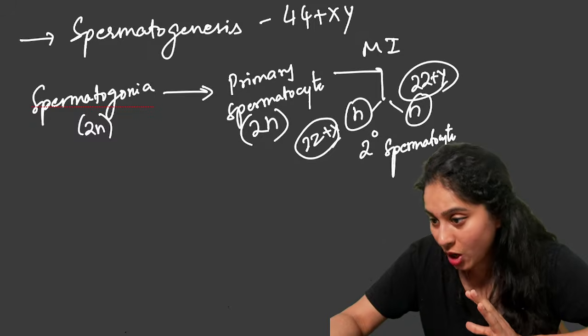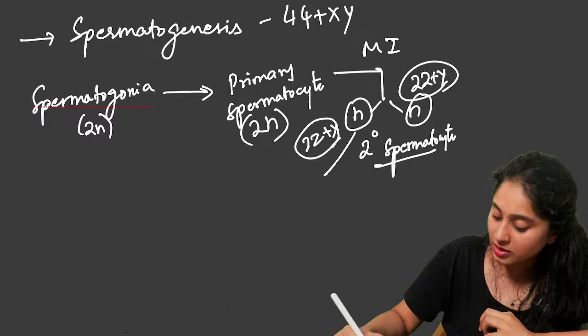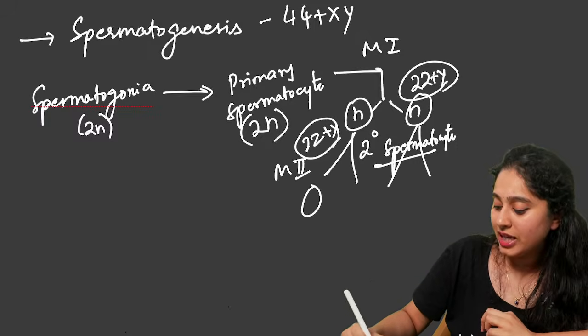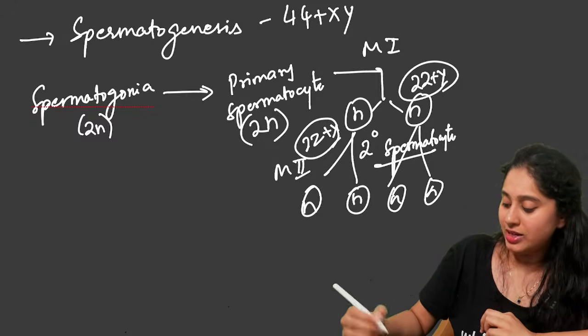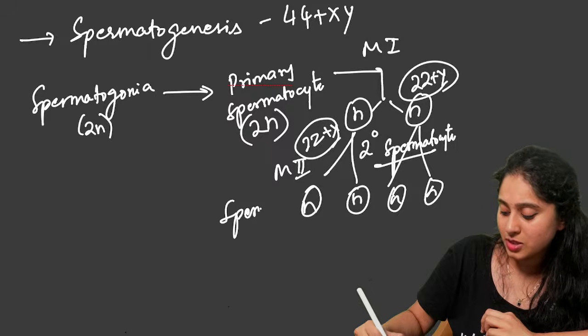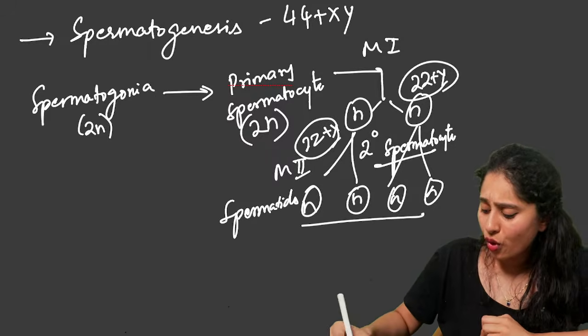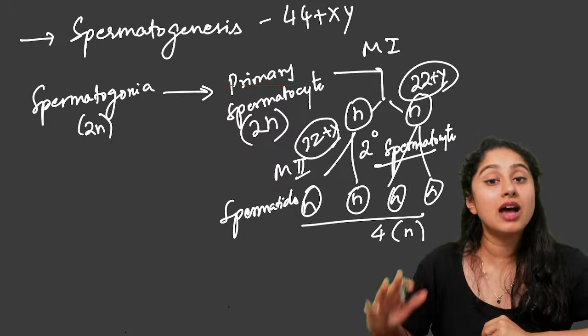Don't worry. Now the secondary spermatocyte will further undergo meiosis 2, and it will give rise to 4 cells, which are haploid in nature, and these are called spermatids. So 4 equal haploid spermatids are formed.